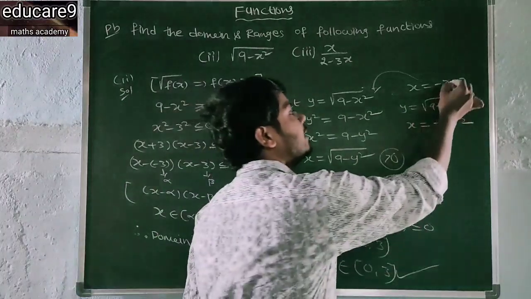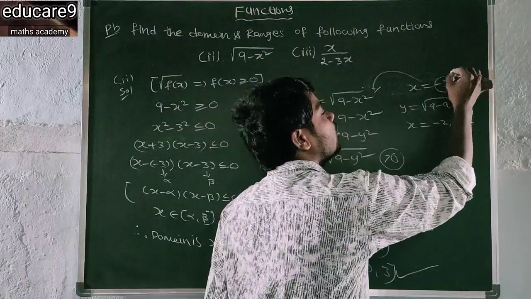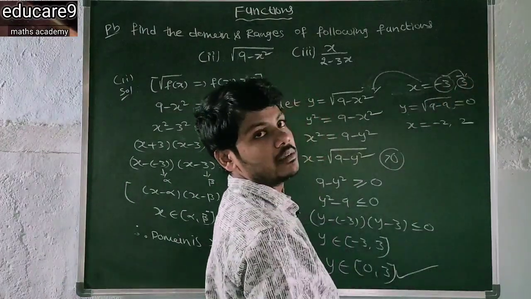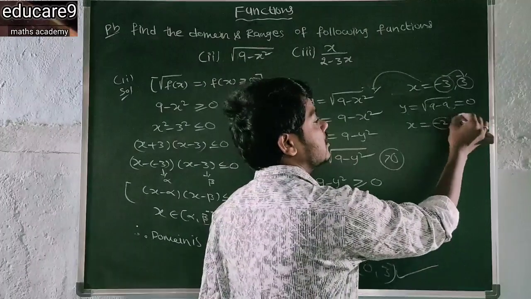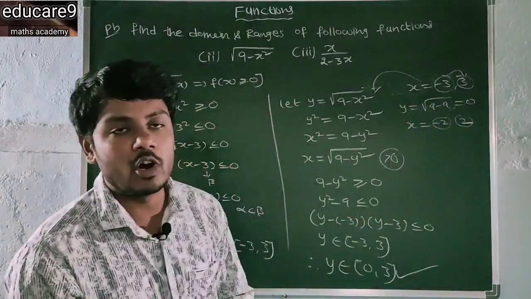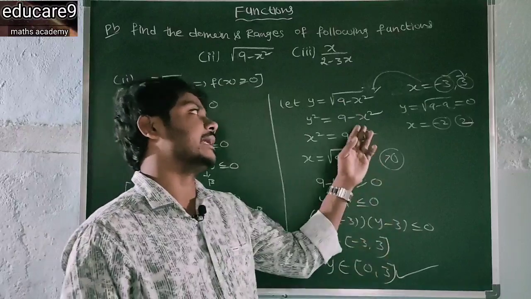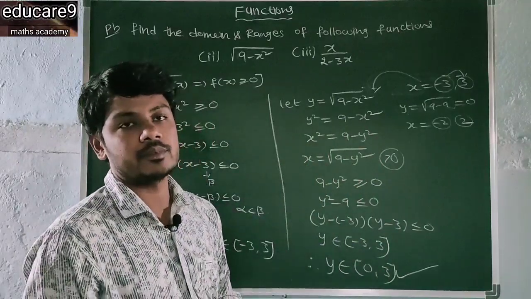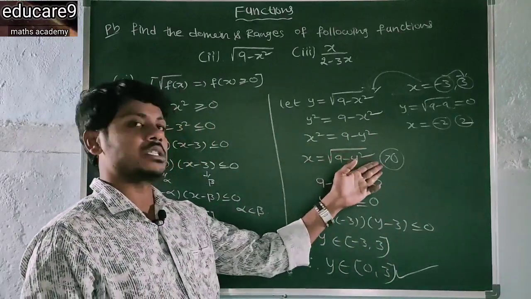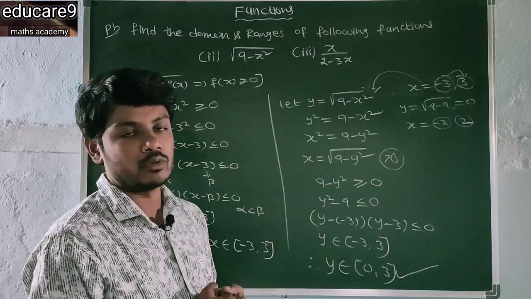So for negative and positive of the same value, you will get the same output. That's why you are neglecting the negative terms, since root values are positive.